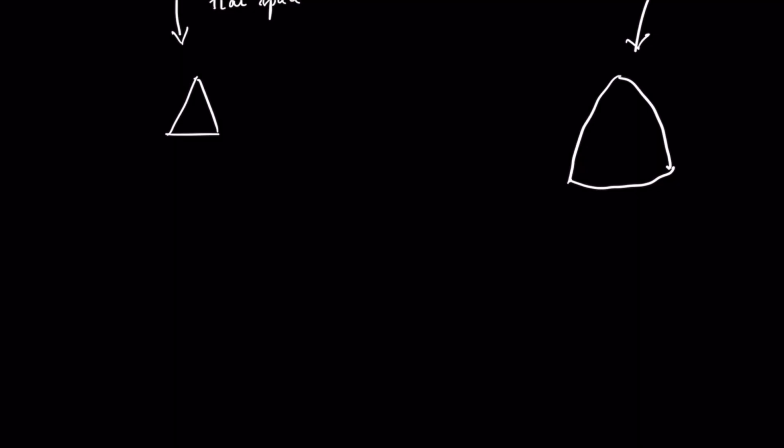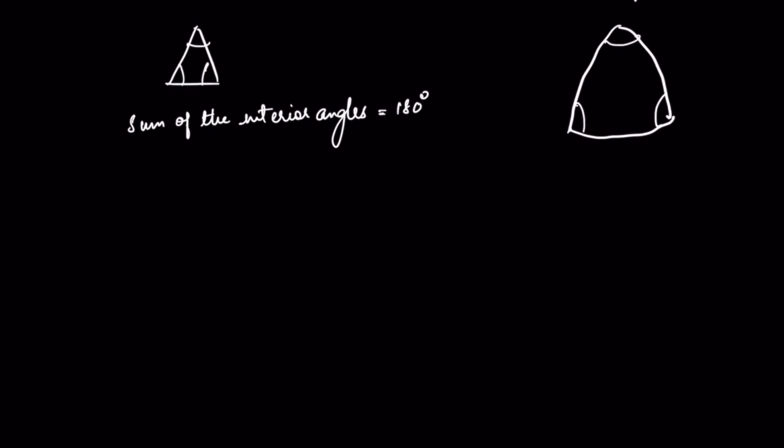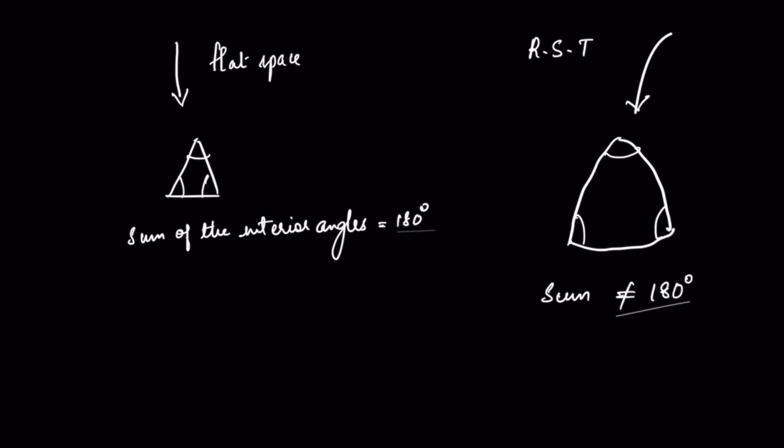So here the sum of the angles will be 180 degrees in flat space. But in Riemannian space-time, the sum of the angles is not equal to 180 degrees. So if you add all these angles, it will not be equal to 180 degrees. Depending upon the curvature, if it is negatively curved, it will be less than 180 degrees. If it is positively curved, then it will be more than 180 degrees.